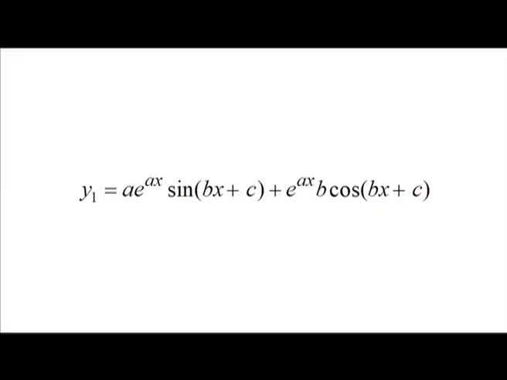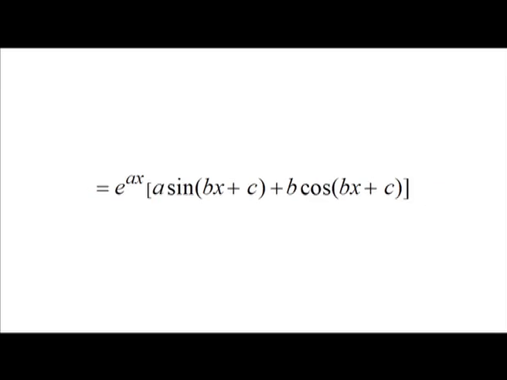Then differentiating with respect to x by an application of the product rule of differentiation, we obtain y1 is equal to a into e power ax into sin of bx plus c plus e power ax into b into cos of bx plus c, equal to e power ax into a into sin of bx plus c plus b into cos of bx plus c.